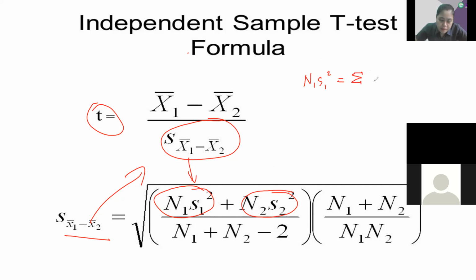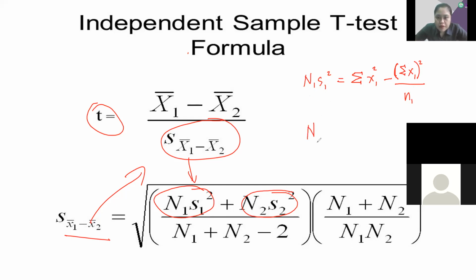So this is the summation of all the scores in group 1 squared, minus the summation of all the scores of group 1, this time the squared is outside, divided by n1. Please copy first the sets of formula natin and then we will do this later step by step.